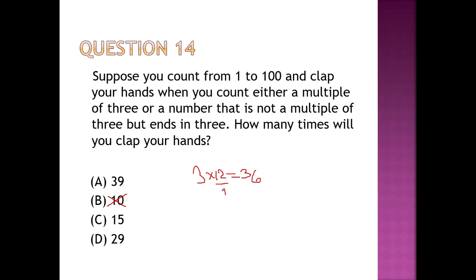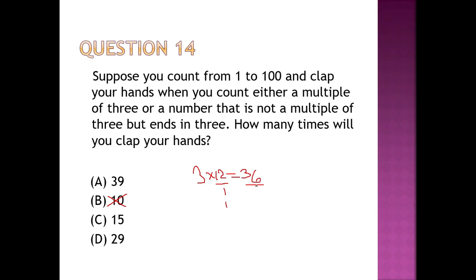And then we have 23. 23 is also not a multiple of 3, because 3 sevens are 21 and 3 eights are 24. So 23 divided by 3 would equal 7 with a remainder of 2. So that means we have another number ending with 3 that is not a multiple of 3 before we even reach 36.